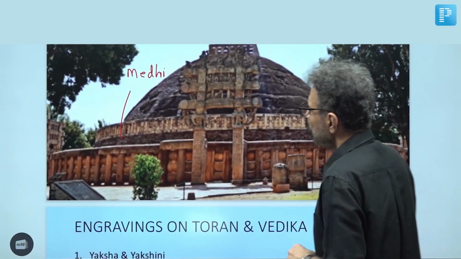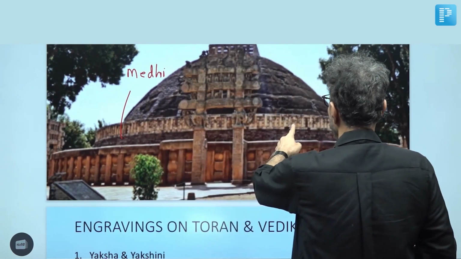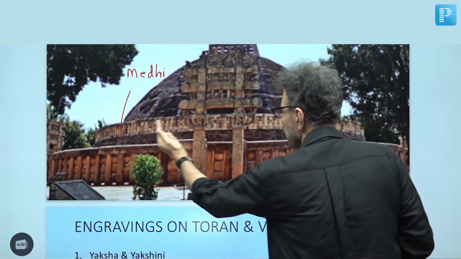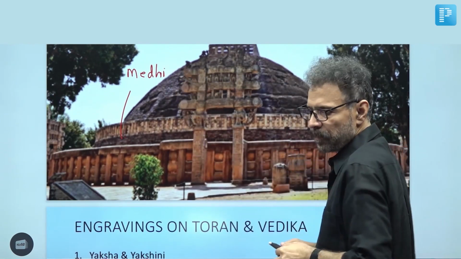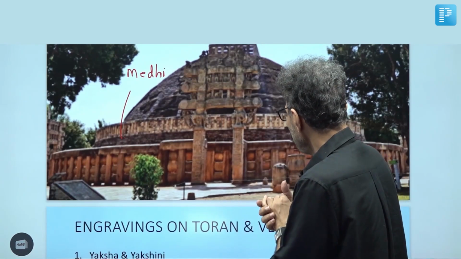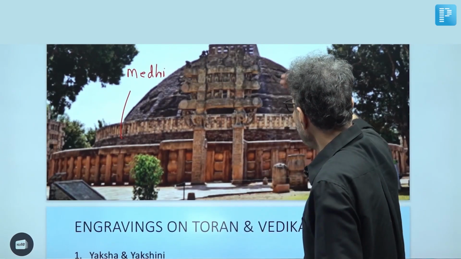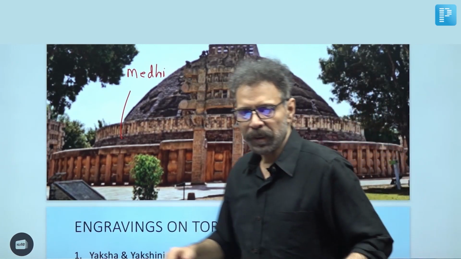Maybe here that is more clear. Yes, here see. So this is Medhi, and above Medhi is Vedika, and Medhi is a circular drum all around, and the und is constructed over that. So here one thing important to understand is that the und is not constructed on the ground straight. Rather, first a Medhi is constructed, that is a circular drum kind of structure, and above this structure the und is constructed.